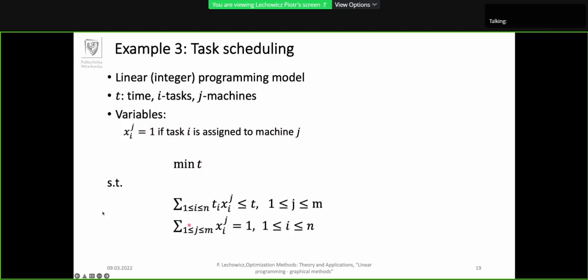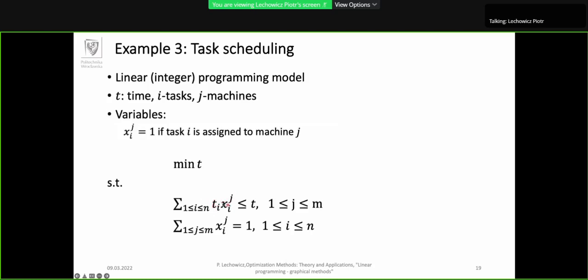And we have to introduce some constraints. The first constraint defines the overall time. So the overall time is greater or equal than the sum of times for task I multiplied by the decision variable.